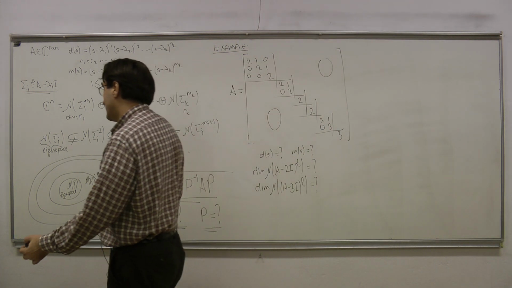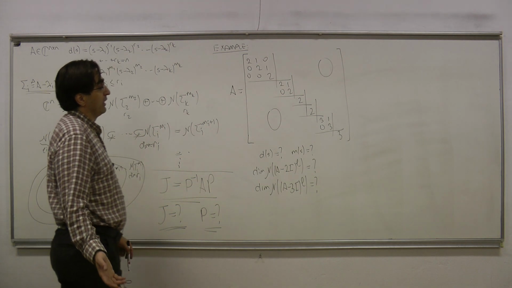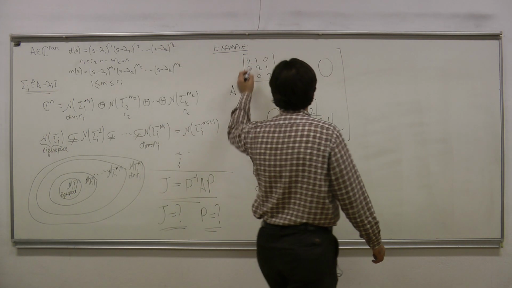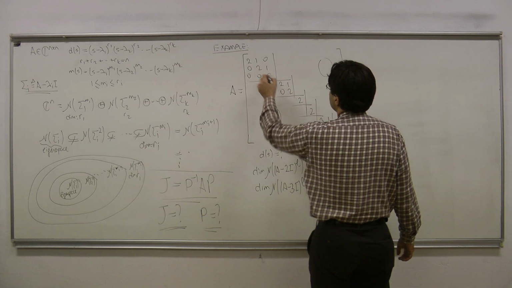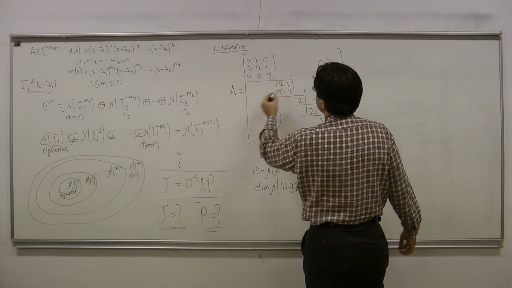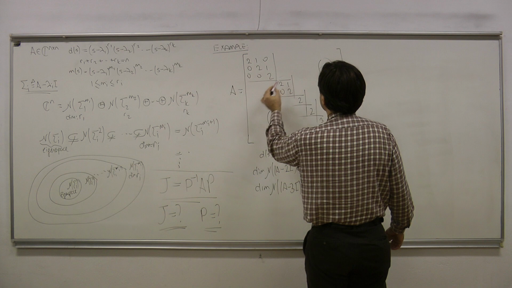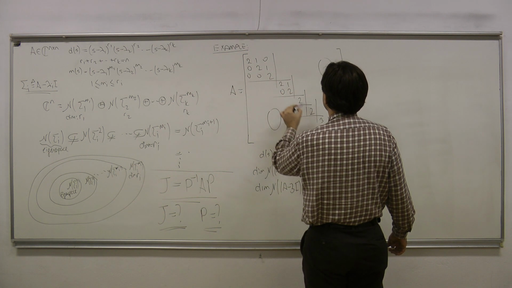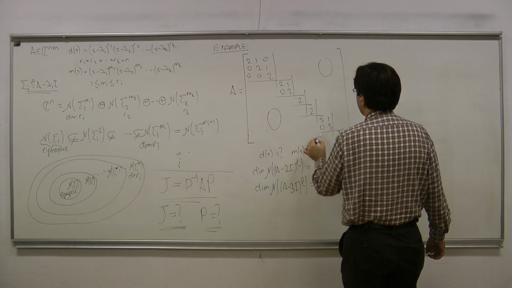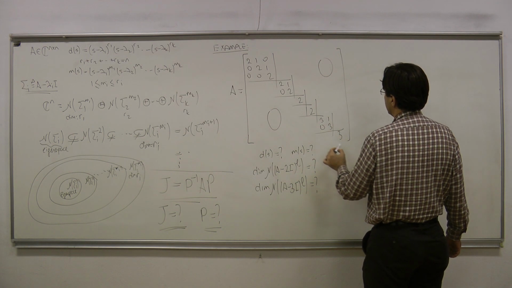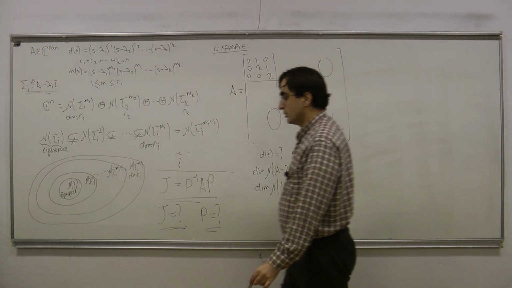Okay, and that is A2 bar. And I know that each Ai bar is composed of some individual Jordan blocks. I have a 3 by 3 Jordan block, 2 by 2 Jordan block, and 2 1 by 1 Jordan blocks here. And I have 1 2 by 2 Jordan block and 1 1 by 1 Jordan block here.